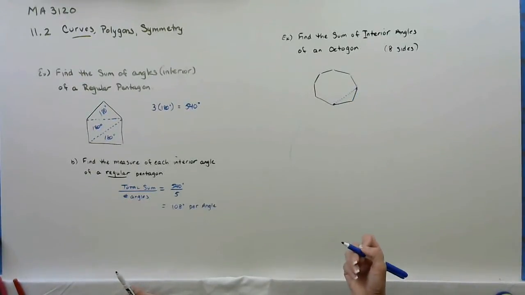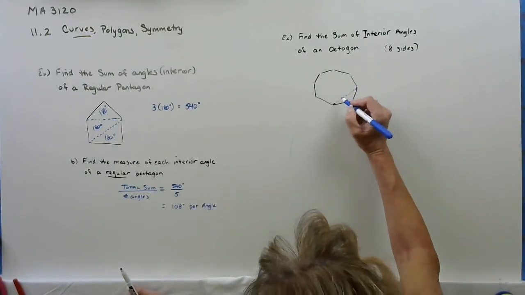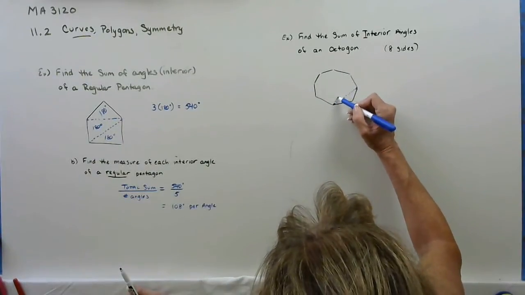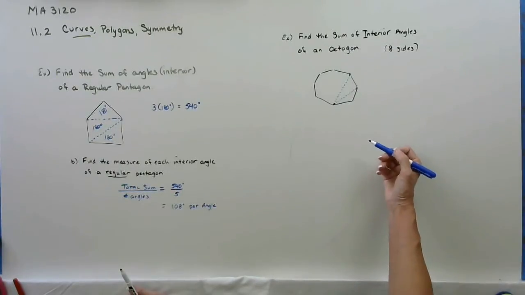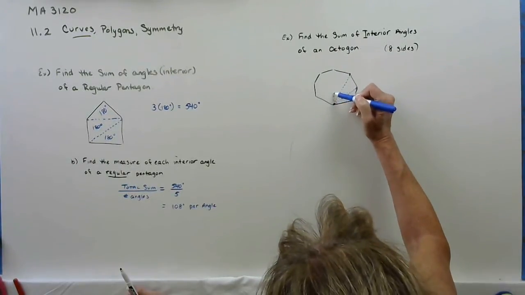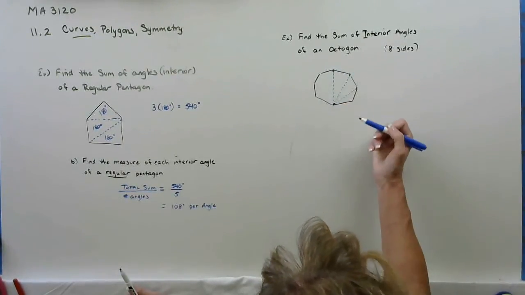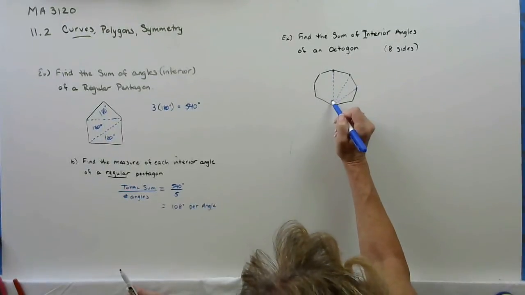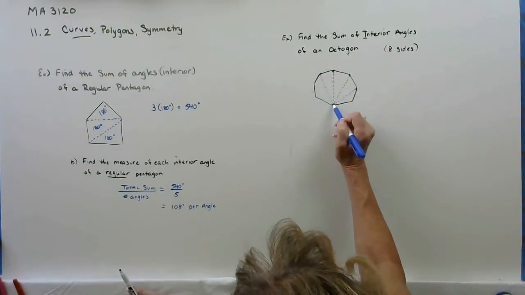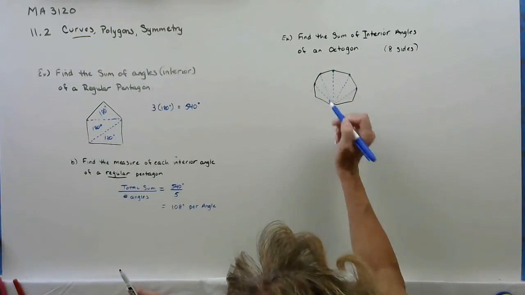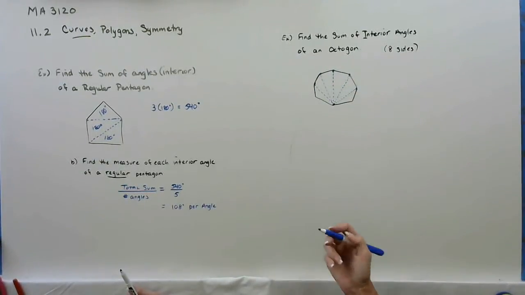So I see one triangle. I'm going to just stay at that same vertex and go across to this vertex. There's another diagonal, a second triangle. I see now 3 triangles, 4 triangles, 5 triangles, 6 triangles.